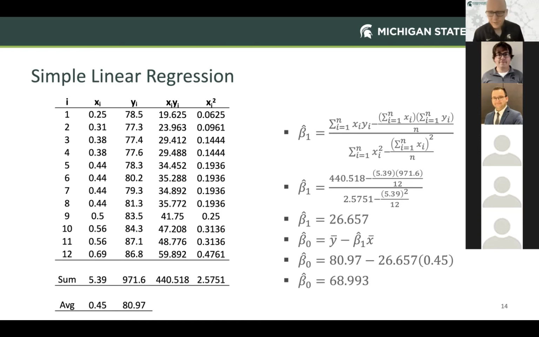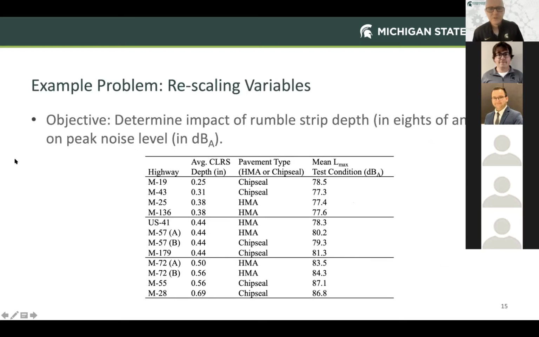Okay, we'll circle back to that point subsequently, but I just wanted to bring that up here. Now, back to one of the other points I had brought up. I wanted to quickly demonstrate what happens when we rescale either our X or Y variable. We've previously estimated a regression model for noise levels as a function of the rumble strip depth in inches.